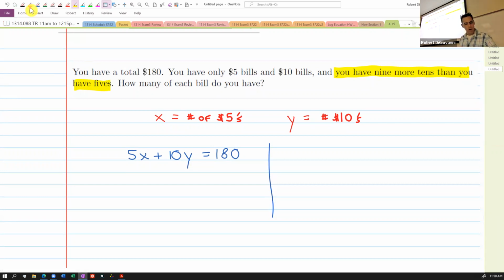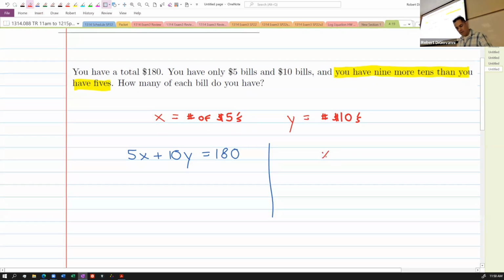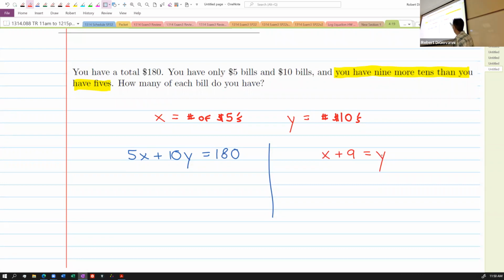X plus 9 equals Y. Let me write that down. X plus 9 equals Y. So X is the number of fives you have. If I add 9 to that, that's how many tens you have. So Y is the number of tens you have, 9 more than the number of fives. So this is right. Everyone follow that?